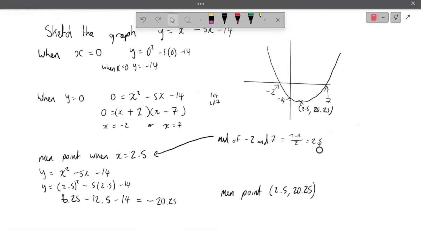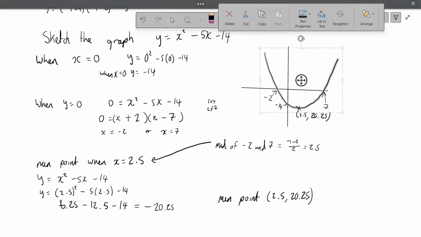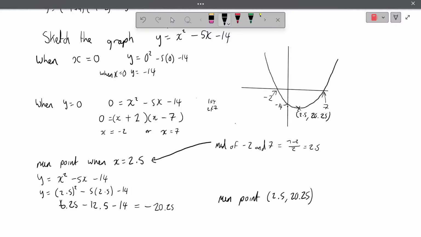But if I go across, now you can see the whole thing. So we sketch the graph, you work out when x is 0, then you work out when y is 0, and to find the minimum point, we basically need to work out the midpoint of our intersections with the x-axis.